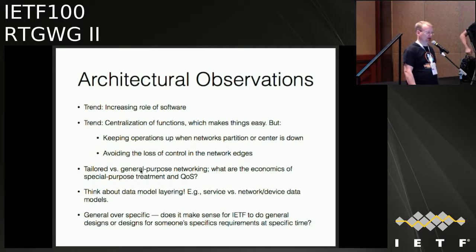The other thing to think about: I haven't personally done any work in data models at the IETF or elsewhere, but it does seem that there's some role here to think about the layering between different models. There are obviously at least data or control models that you can use to control the behavior of your individual devices.